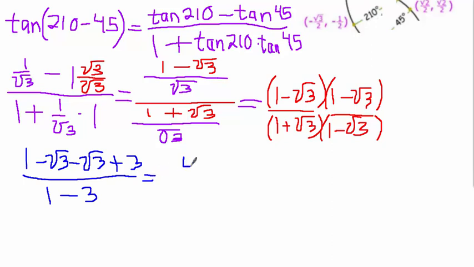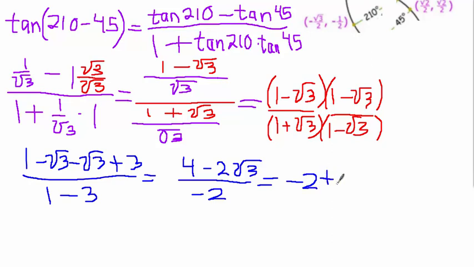So we get 4 minus 2 square root of 3 over negative 2. Oh, numbers tend to be very similar. Negative 2 plus square root of 3. Okay, hope this helps.